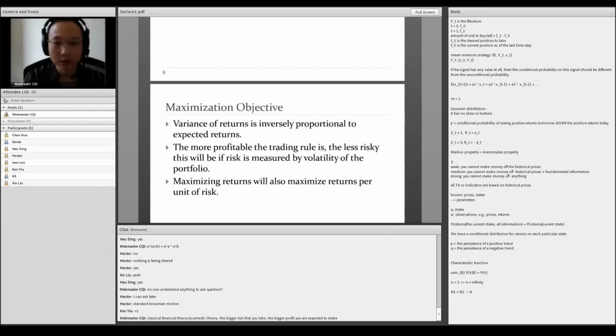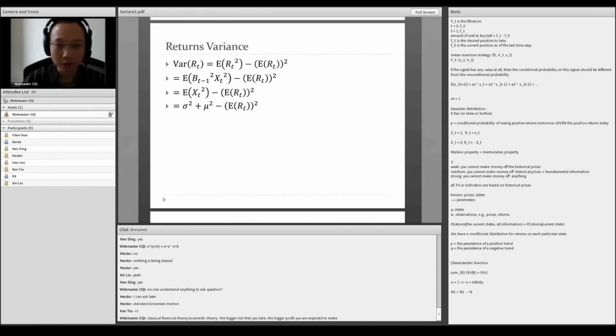Okay, then here we have something very strange, because if we minimize this risk, then we maximize the return. So this is contradictory to whatever theory that you learned at school, right? So again, why is this? Okay, why is this? You have to understand that all the financial theories are just stories.